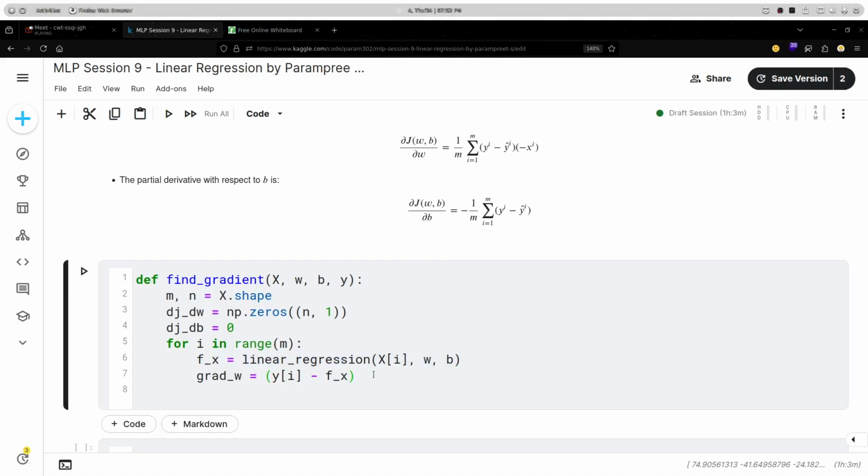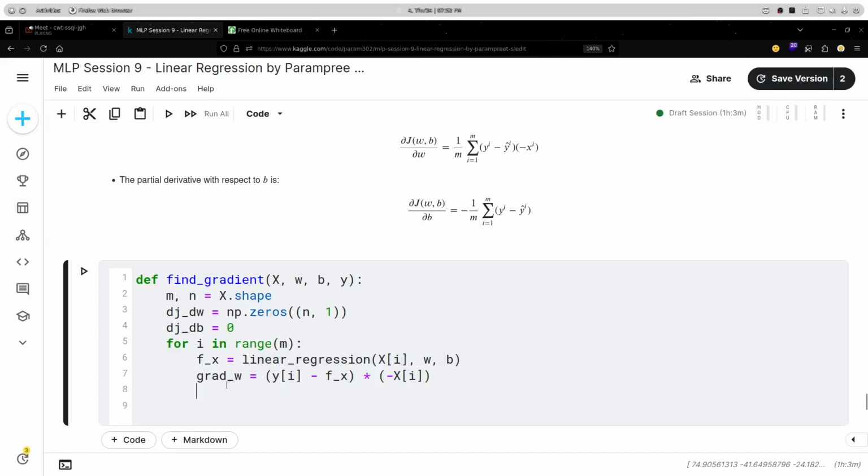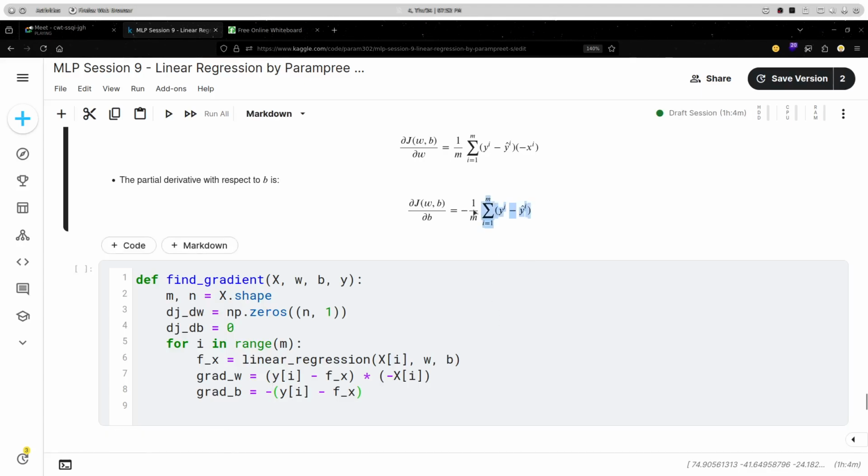And we are multiplying it with minus of the x value. Then we will find the gradient for b as well, grad_b, which will be just the subtraction, nothing more, because we are subtracting it, that's why minus. And because this is the gradient, we are simply writing the gradient here.